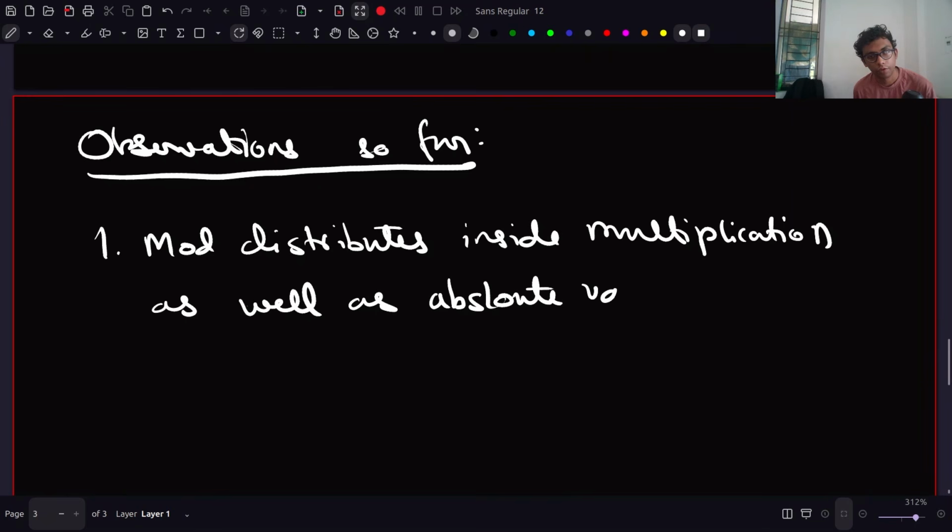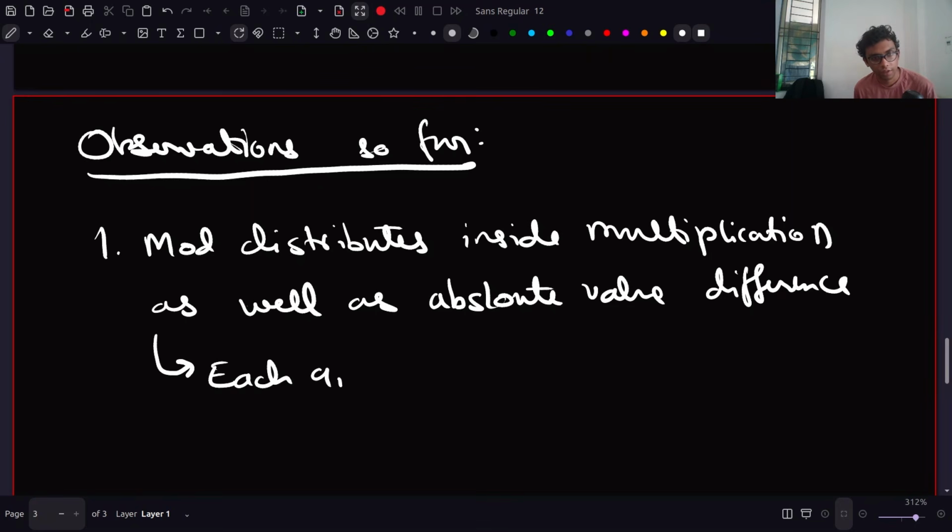So that much is fine, we understood. So based on this, we reached the conclusion that each a of i can be treated as a of i mod m. Okay.